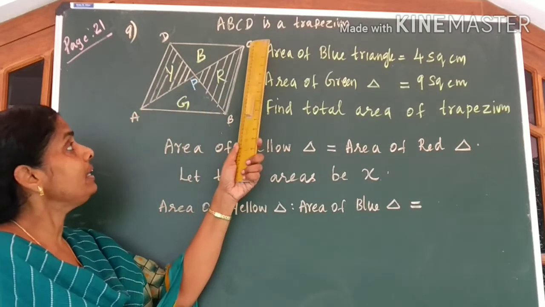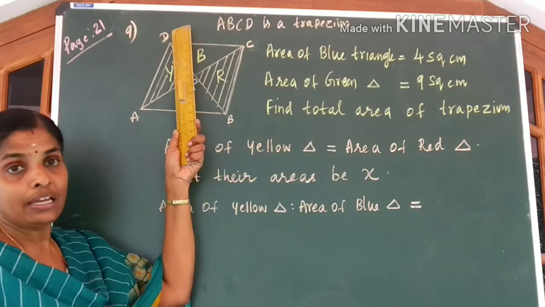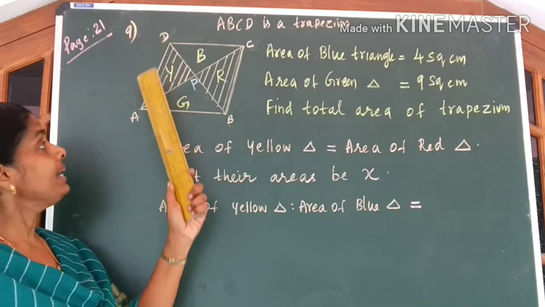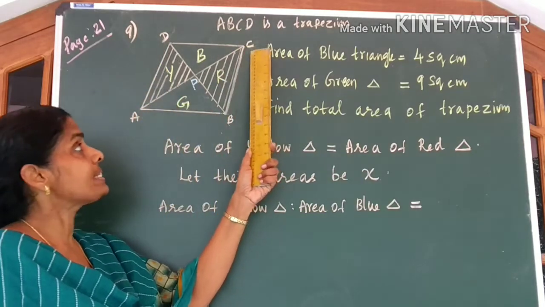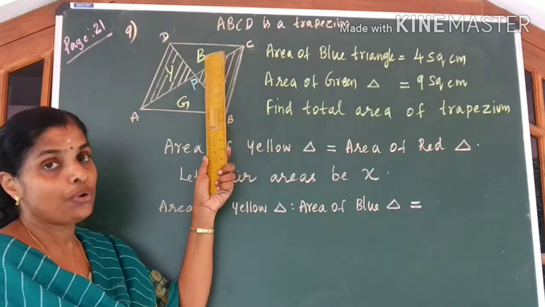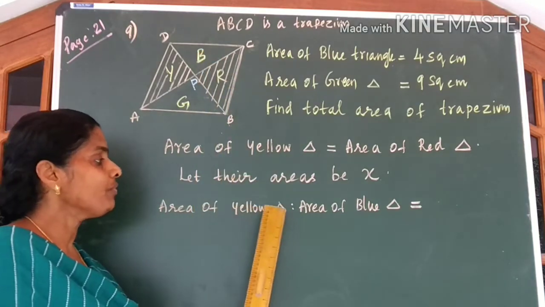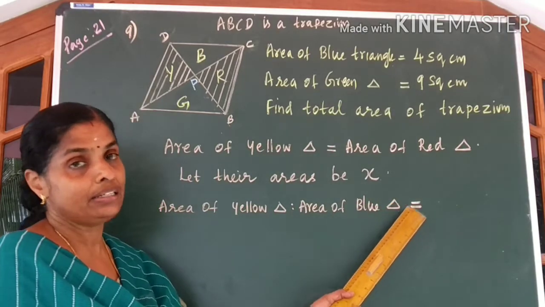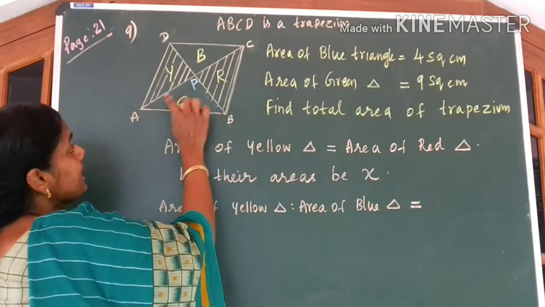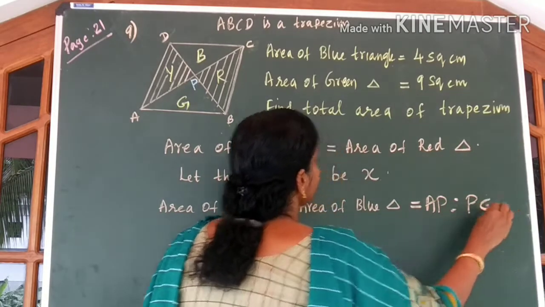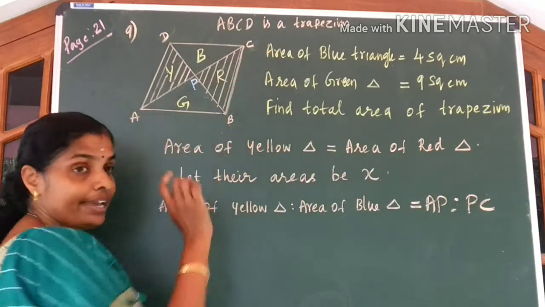In triangle ACD, a line from the vertex of a triangle divides the opposite side and area in the same ratio. So we can write area of yellow triangle is to area of blue triangle is equal to AP is to PC. Is it clear?